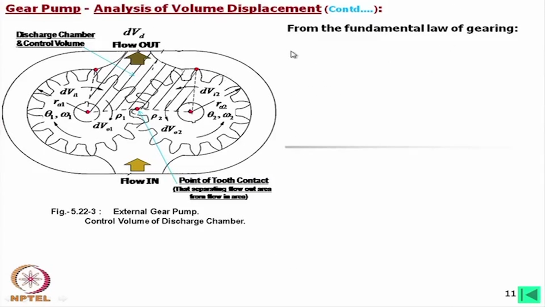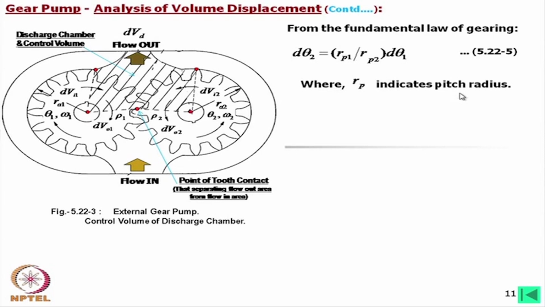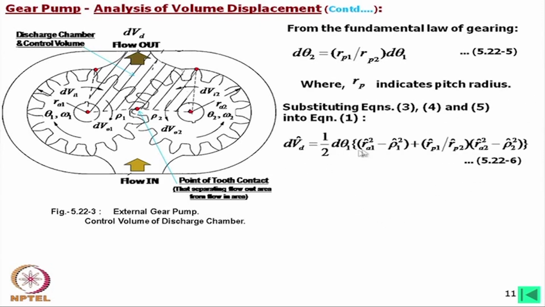Before substituting these into the main equation, from the fundamental law of gears we know again this relation, that d theta 2 is equal to r_p1 by r_p2 d theta 1, where r_p indicates the pitch radius. Substituting equations 3, 4, 5 into equation 1, we get these relations.